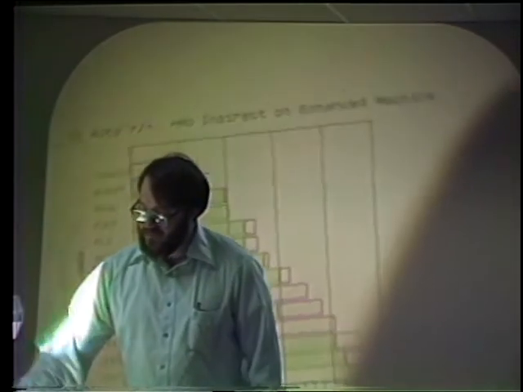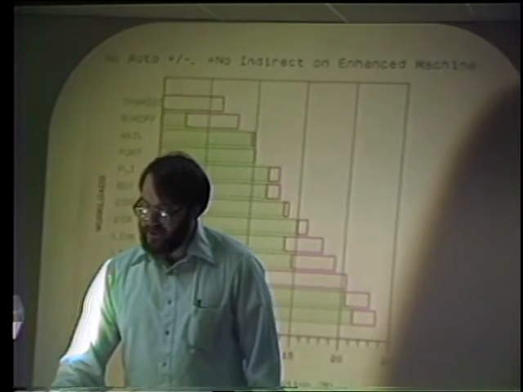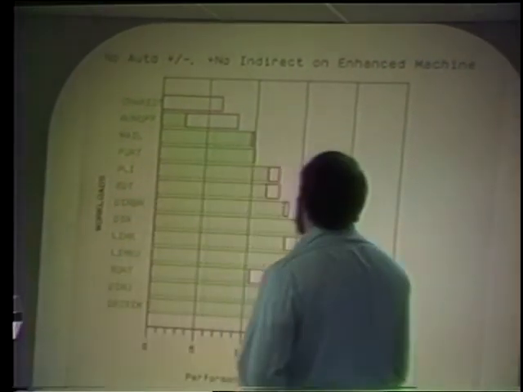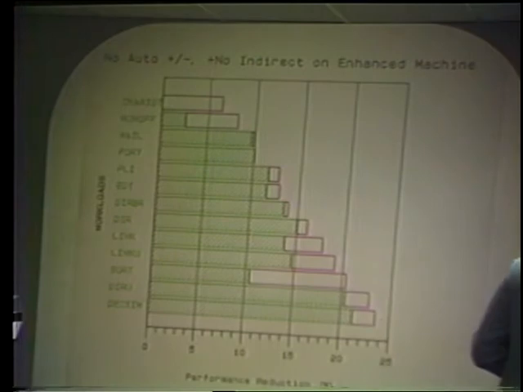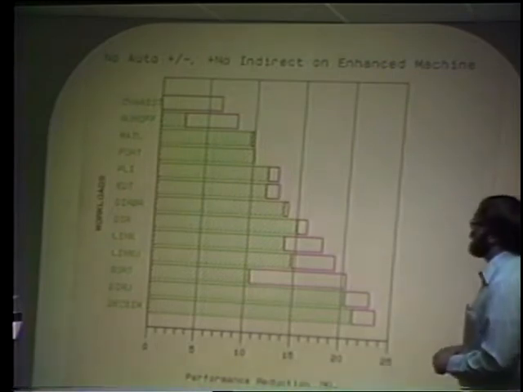But it would depend on both the economics and the complexity of the given situation. And here is the effect of serializing the auto-increment decrement specifiers, and then on top of that, serializing the indirect specifiers. If that specifier handling is not present in the enhanced machine, then they just stall waiting for the previous instructions to complete.